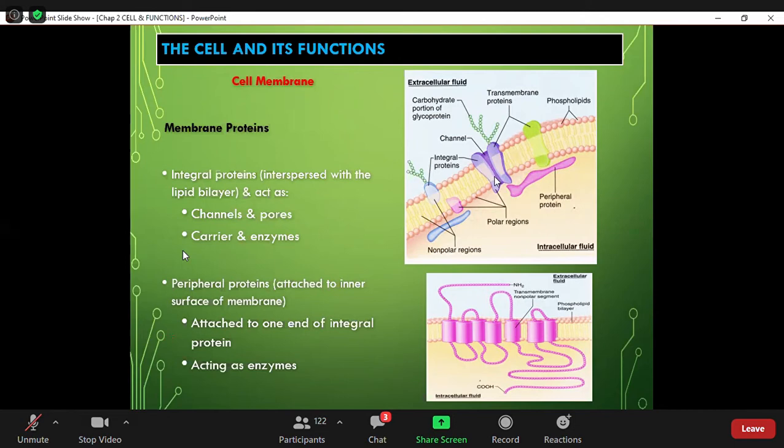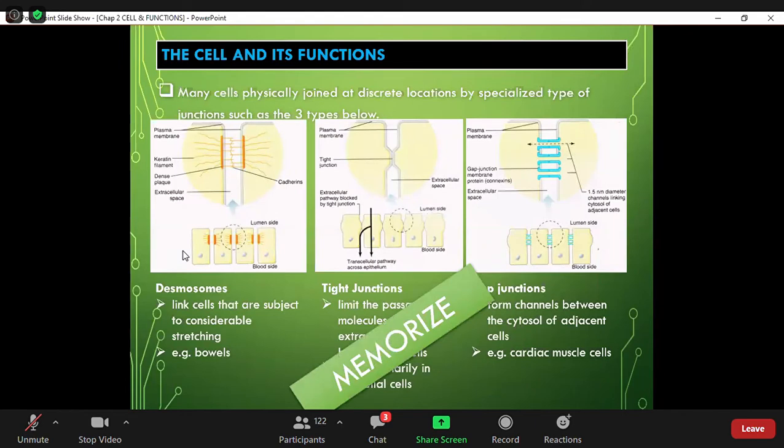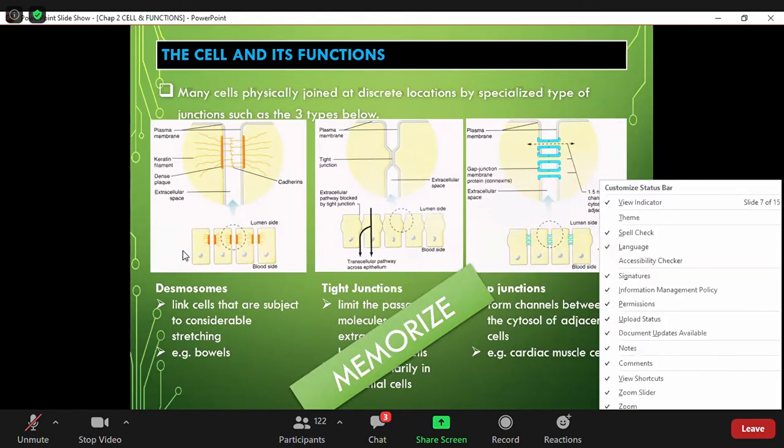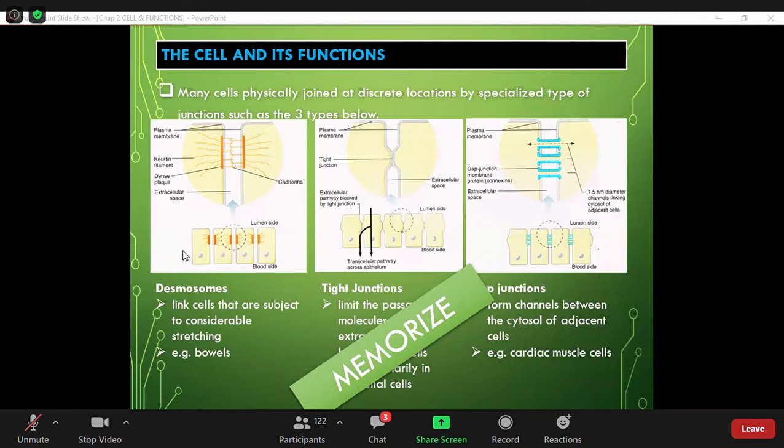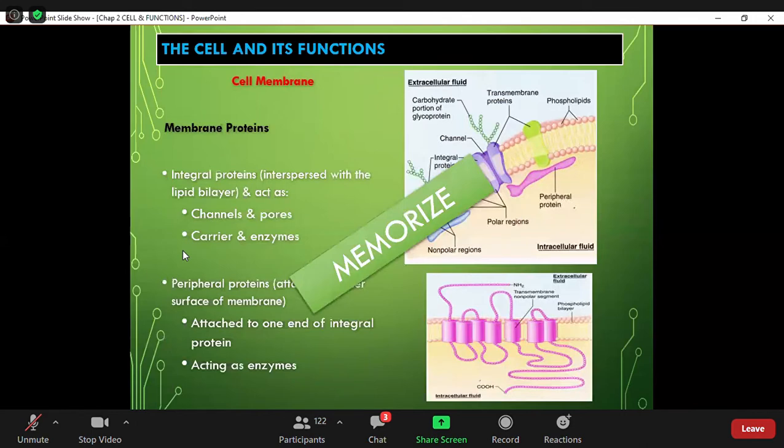They are the ones that form channels and pores, and they can be carriers.